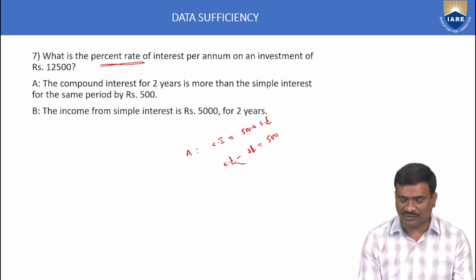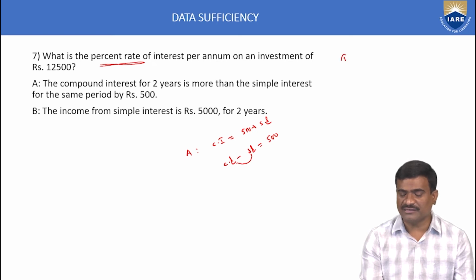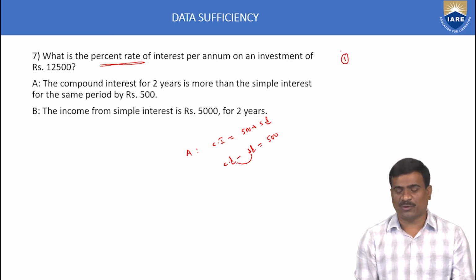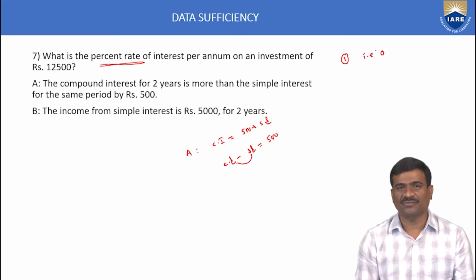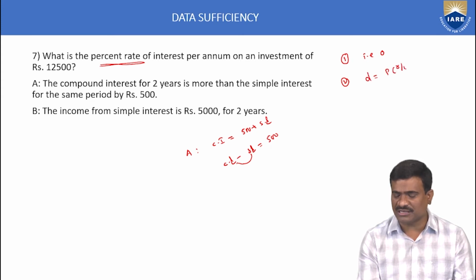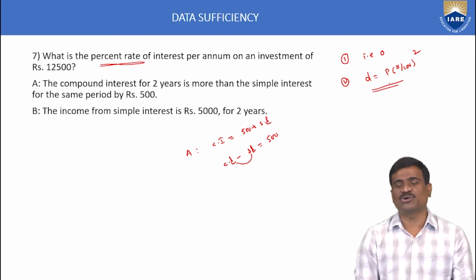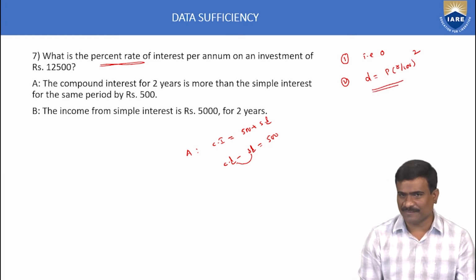We know that the difference between simple interest and compound interest for 1 year is 0. For 2 years, the difference D is equal to P into (R by 100) whole squared.